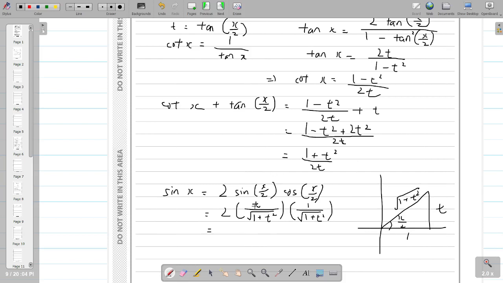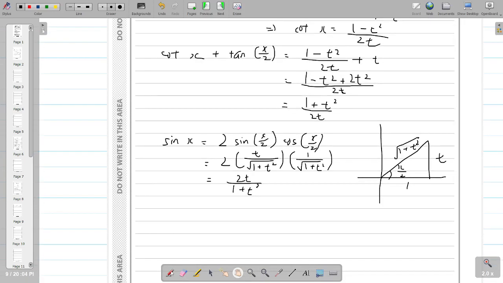So that's going to be equal to 2t over 1 plus t squared because the square root becomes a square. Now cosecant x is just the reciprocal of this, so it's going to be 1 over this. All right. So since we've proven that these two are equal to the same thing, our conclusion is cotangent x plus tangent x over 2 is equal to cosecant x.